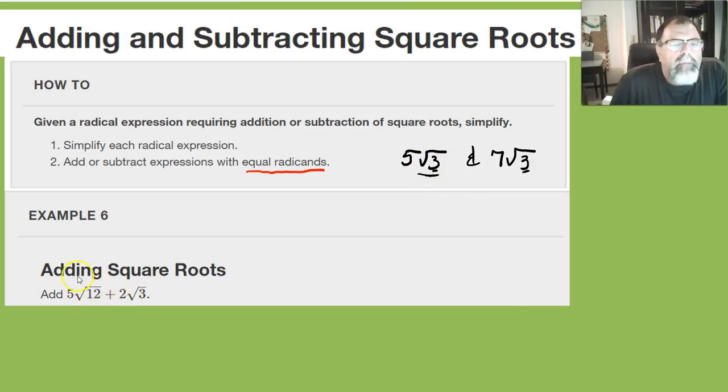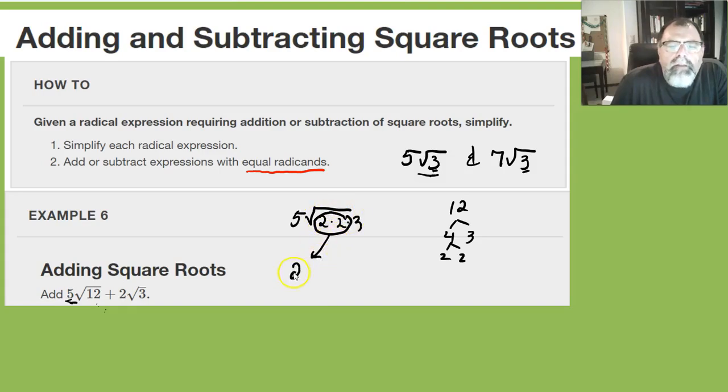So looking at example 6, 5 square root of 12 plus 2 square root of 3. Square root of 12 is not simplified, so that's our first step. We want to simplify square root of 12. 12 is 4 times 3, and again 4 is 2 times 2. So we got 12 is 2 times 2 times 3. We have the 5 that's on the outside already. So these two 2's make 1 2 on the outside.